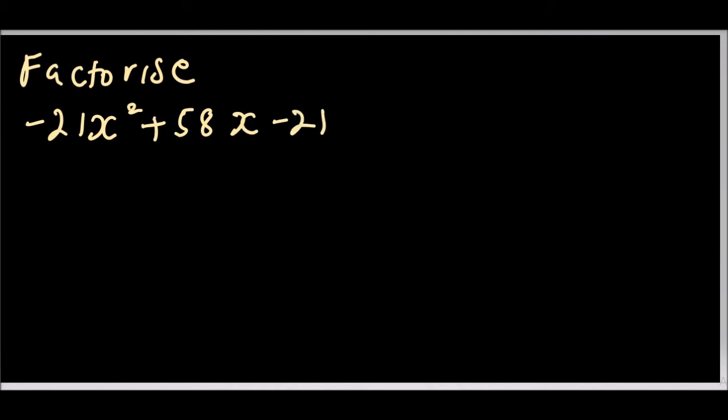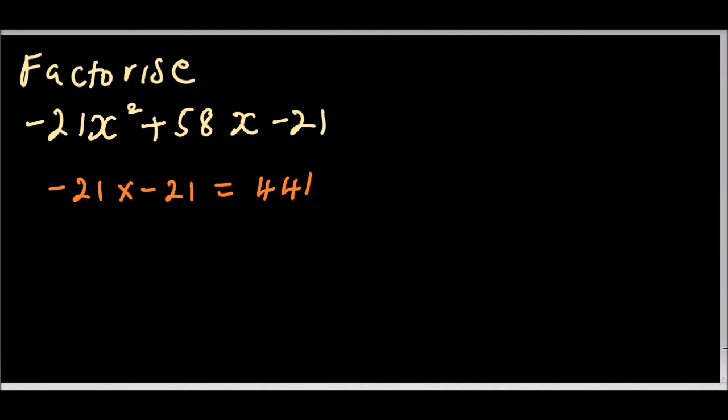So we are given the expression minus 21x squared plus 58x minus 21. Like we have said, what we do is we multiply minus 21 by minus 21, and when you multiply that, you should be able to get 441.